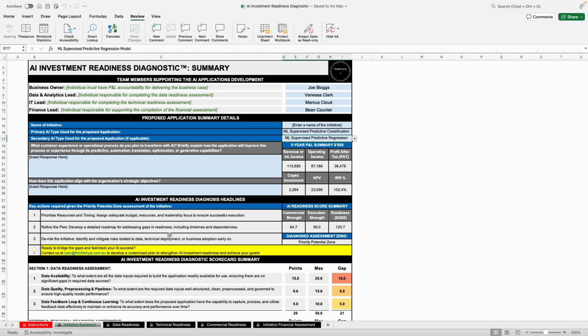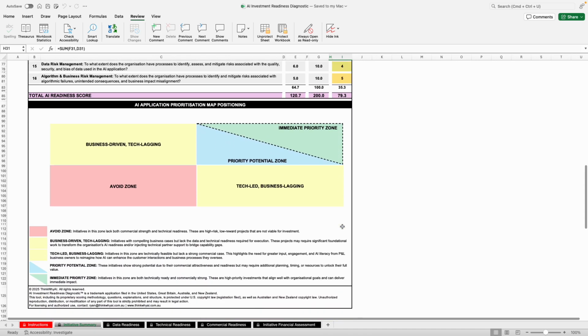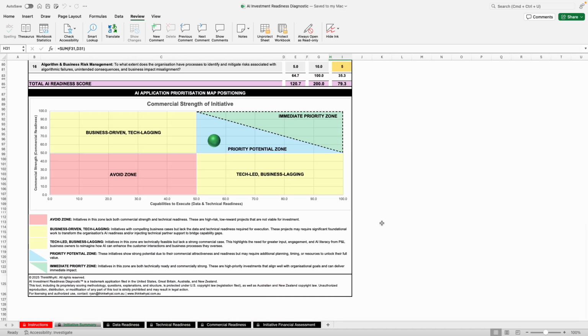Once all sections are complete, the tool generates an AI readiness score summary, which combines commercial strength, technical strength, and data readiness into a single score out of 200. We can also see the score processed in a 2x2 matrix to get a better understanding of what is driving the overall score out of 200.